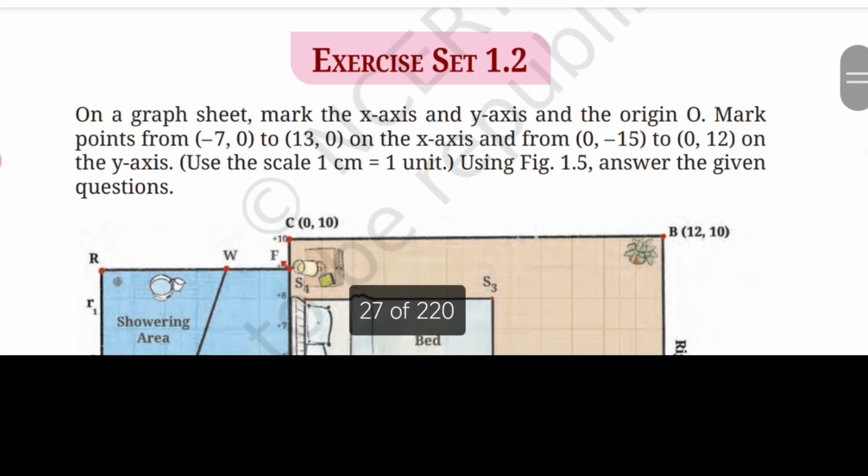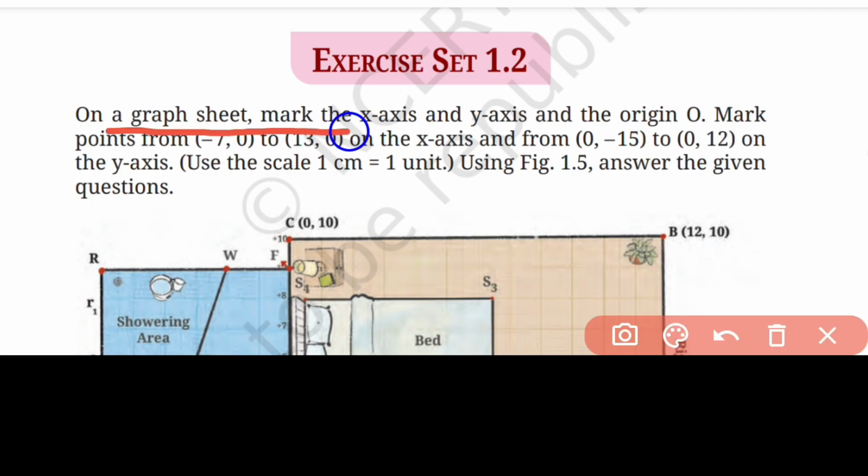Now coming to exercise set 1.2. In this, the first question is given as, on a graph sheet mark the x-axis, y-axis and the origin. That is the first question.